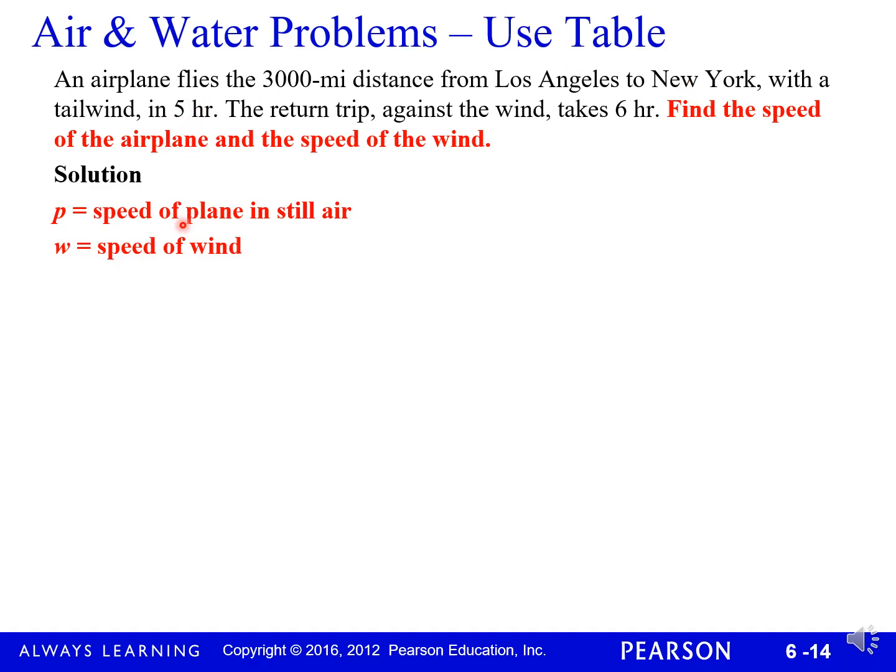Because it's got a tailwind, it's going to be the speed of the plane plus the speed of the wind. Because it's pushing you, you're going faster. When you're coming back, you're going to subtract the speed of the wind because you're facing the wind, so it's making you go slower. Okay.